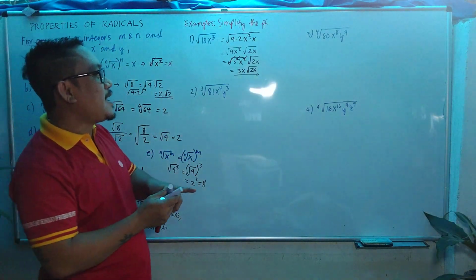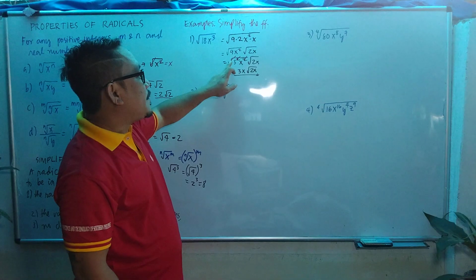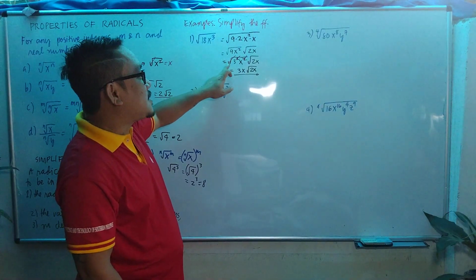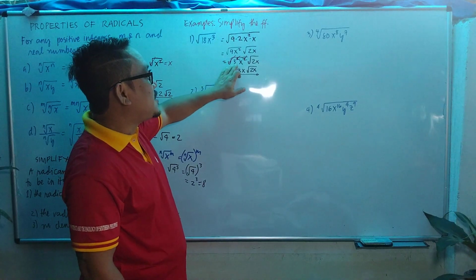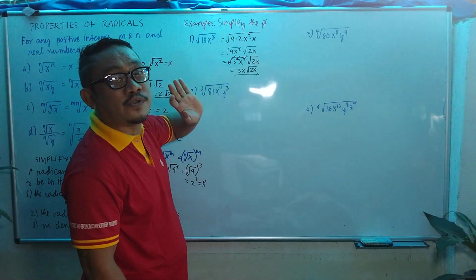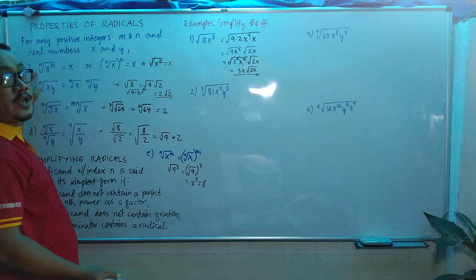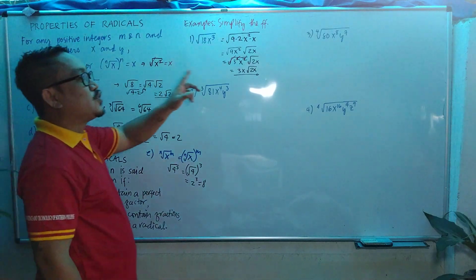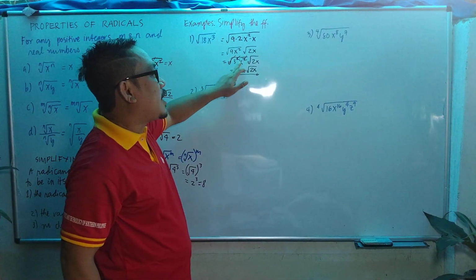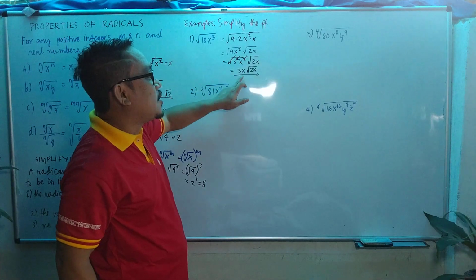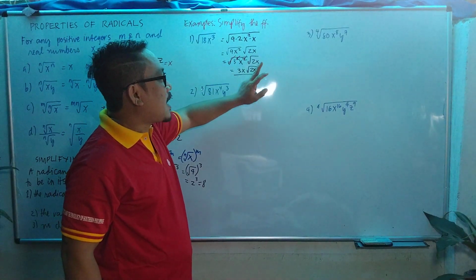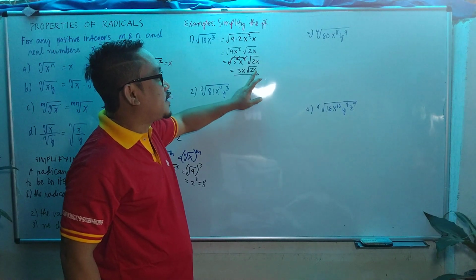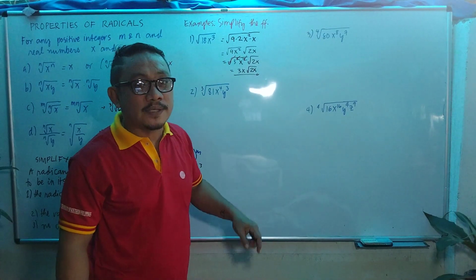Since it is a square root, our index is 2. The 3 squared and x squared are raised to the power of 2, which is true for property A, so the radical and the power cancel. What is left inside is 3x. So, we just copy 3x, then in our final answer copy the radical 2x.